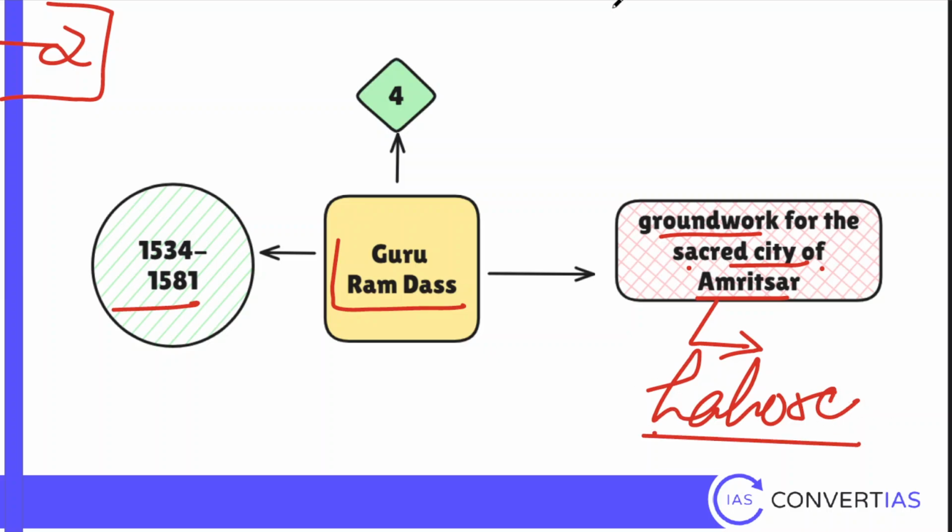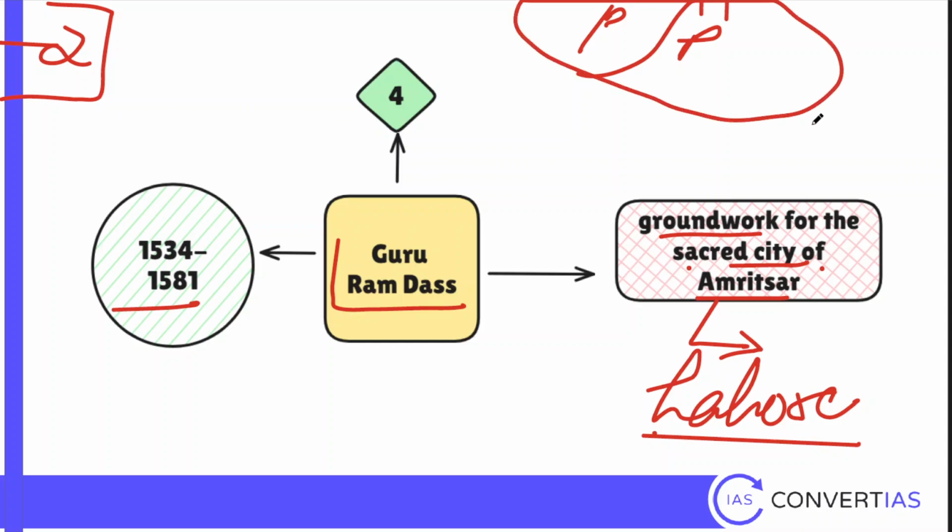So when you talk about Punjab, Punjab is in undivided India at that time. So you have Punjab both in Pakistan and India now. And this entire region from Kashmir, modern day Pakistan, India, this is the part of the Sikh territory at that time. So the groundwork of the sacred city of Amritsar was laid by Ramdas.